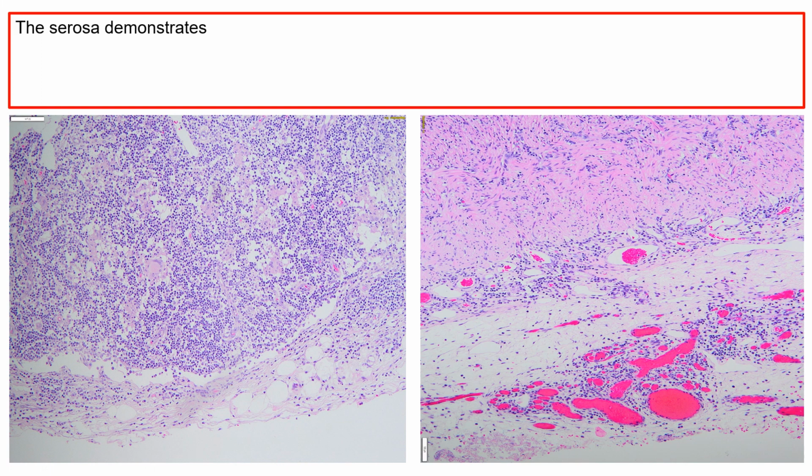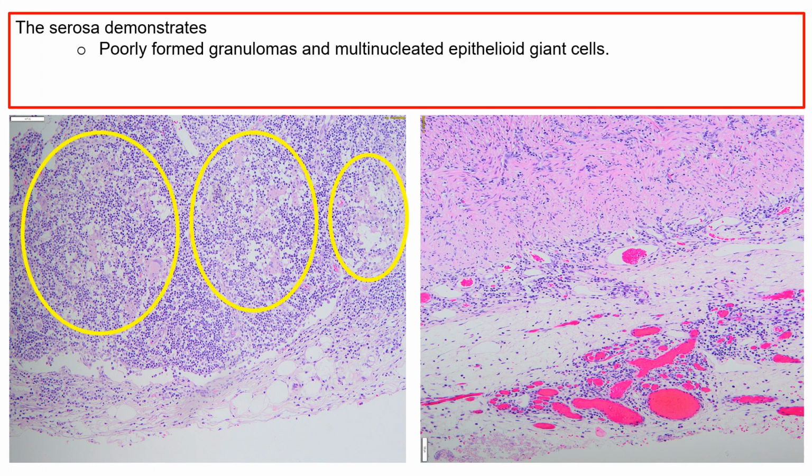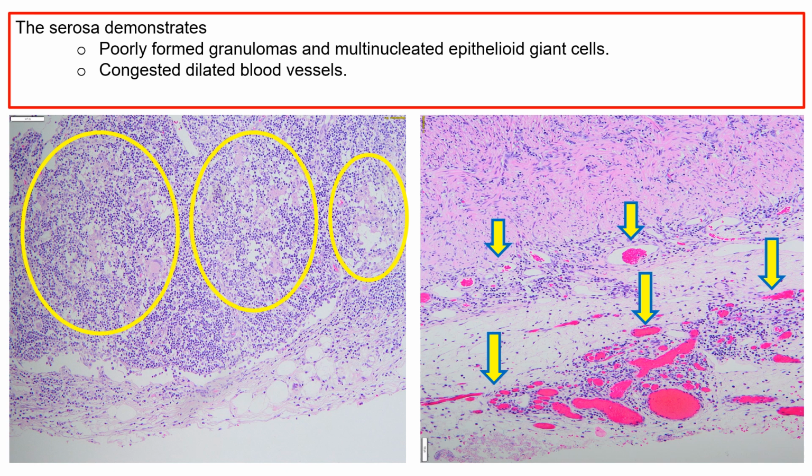The serosa demonstrates poorly formed granulomas and multinucleated epithelioid giant cells, congested dilated blood vessels, and chronic and acute inflammatory cells.